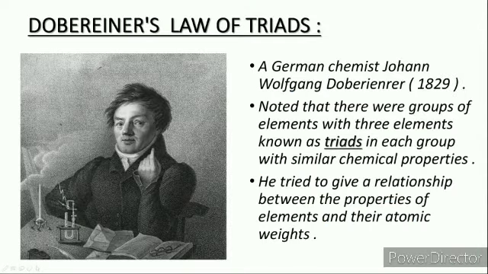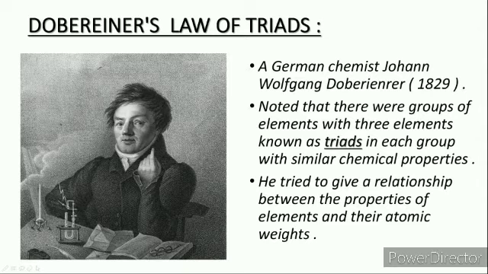After Robert Boyle, Lavoisier, and Proust comes Dobereiner's law of triads, 1829. He noted that there were groups of three elements, known as triads, in each group with similar chemical properties. He tried to give a relationship between the properties of elements and their atomic weights.